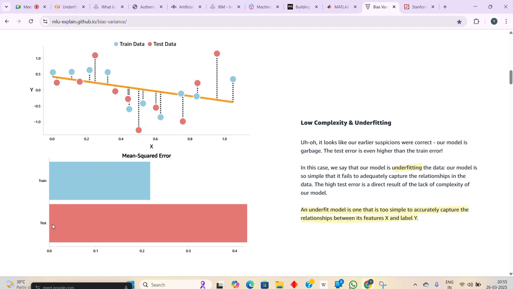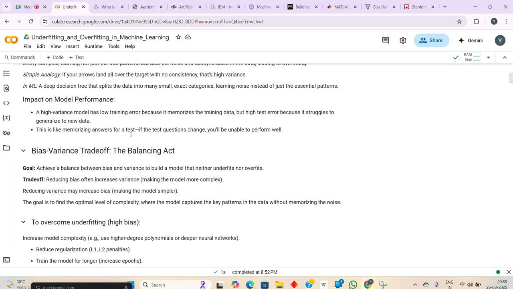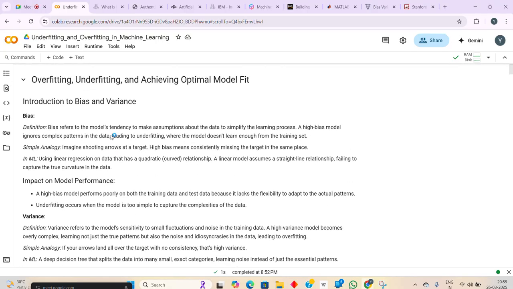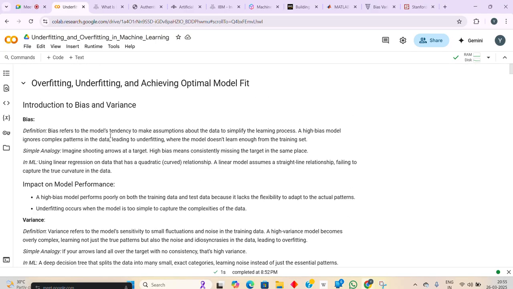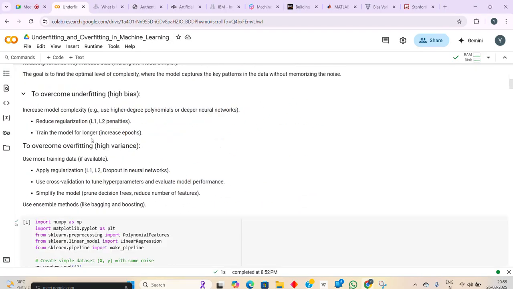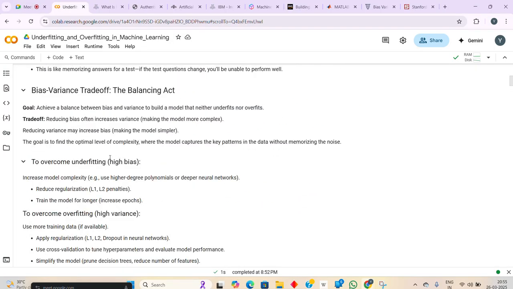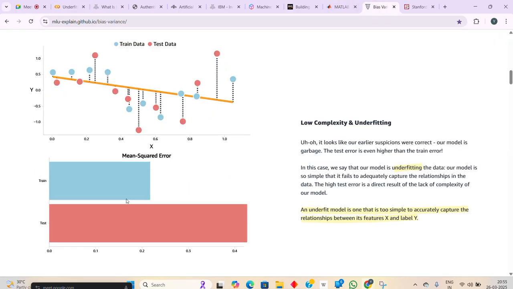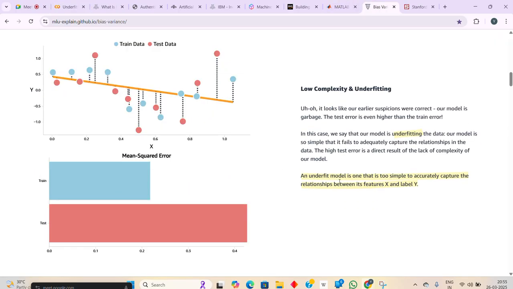That is why the error from the test is high. This is going to be high bias, and this situation is underfitting.